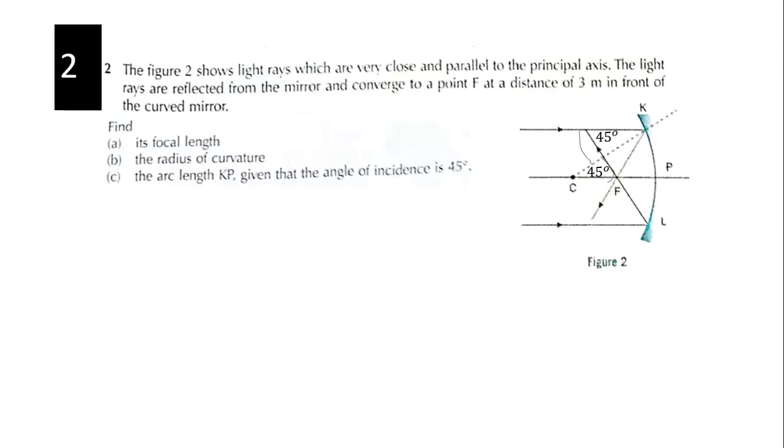Figure 2 shows light rays which are very close and parallel to the principal axis. The light rays are reflected from the mirror and converge to a point F, a distance 3 meters in front of the curved mirror. What is the focal length?